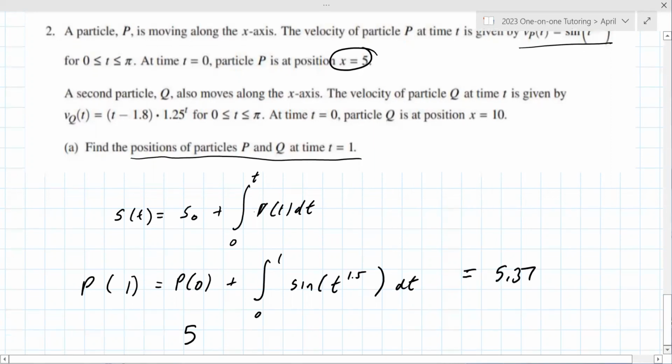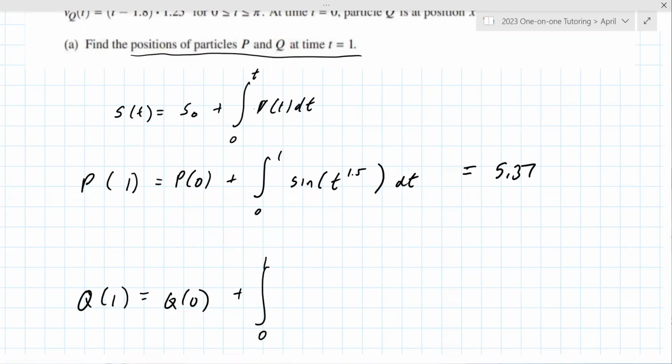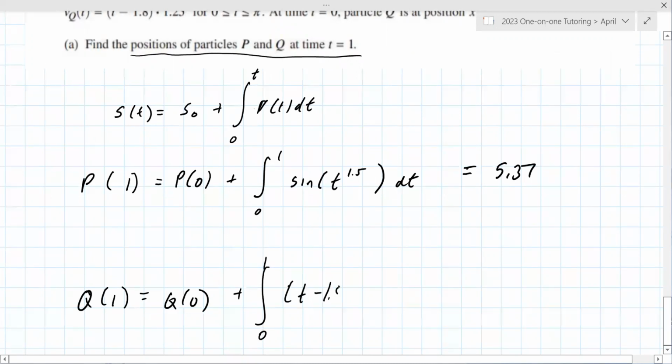And then you have to do the same thing for Q. Q of 1 is Q of 0 plus the integral of t minus 1.8. And it's good to write this, by the way. The more of this you put in there, the better for the grading. Has your teacher shown you a rubric for the AP?